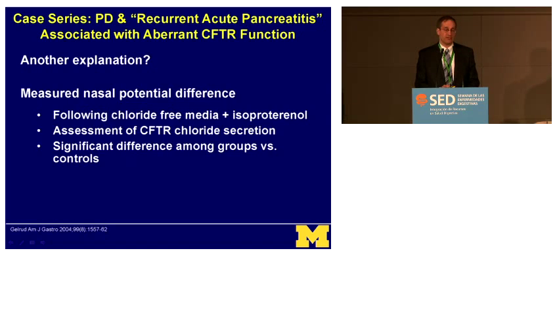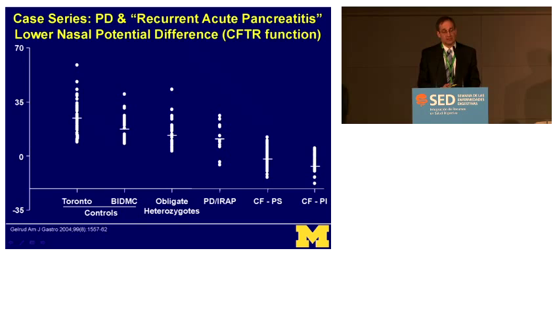They went on to perform nasal potential difference testing to assess for aberrant CFTR function. This slide shows nasal potential difference testing for several groups, including on the left the control groups, the obligate heterozygotes in the middle, the group with pancreas divisum and idiopathic pancreatitis next to that, and then cystic fibrosis with pancreatic sufficiency, and cystic fibrosis and pancreatic insufficiency.